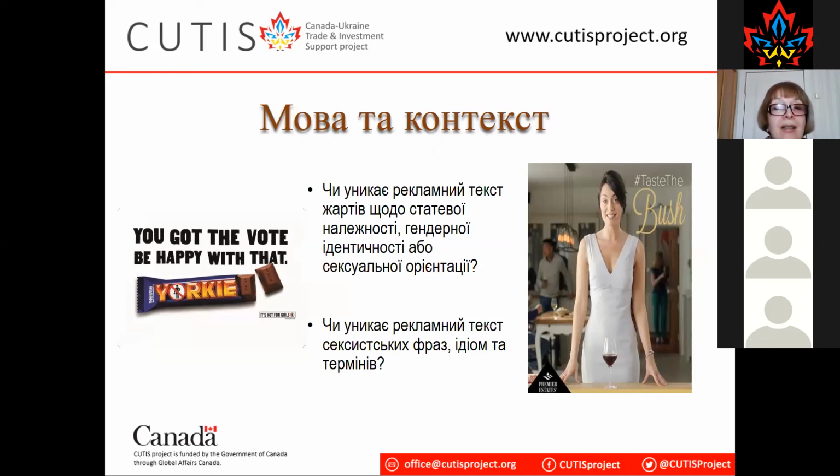You can see the Nestle bar commercial on the left. It has been positioning itself as an advertisement for a mostly male audience, and then when appealing to women, they say you got the vote and be happy with that. So you will not have the chocolate bar then.